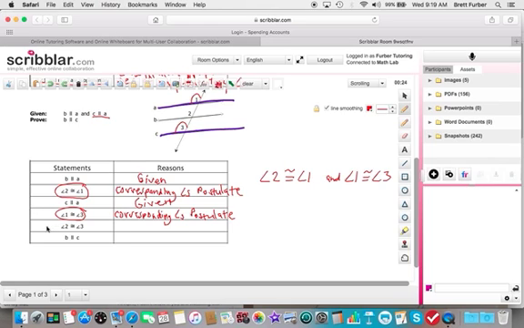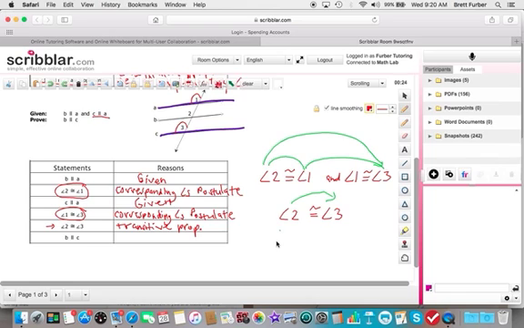Then look at the next statement: therefore, angle 2 is congruent to angle 3. What did they do? This is a property. This is congruent to this, and this is congruent to this, so this is congruent to this. That's the transitive property, so that's what I'm going to write here.